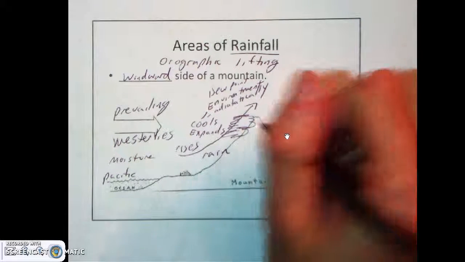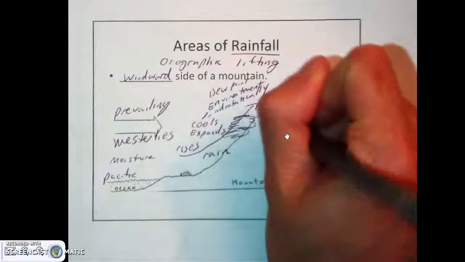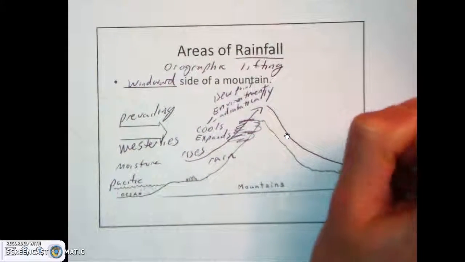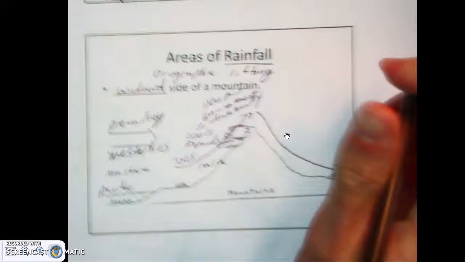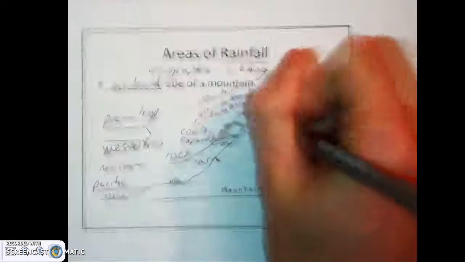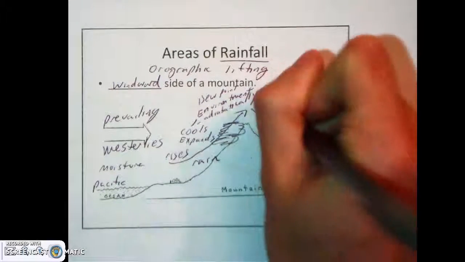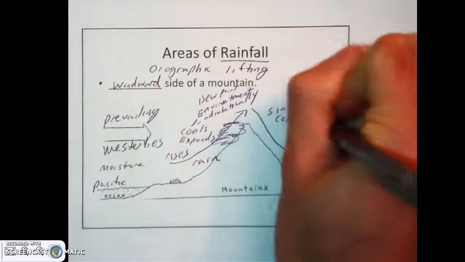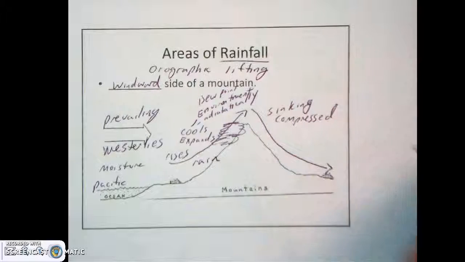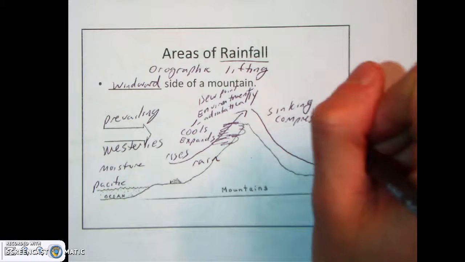Once the air crosses the top of the mountain and starts to come down the backside, we have a different situation. Now the air is sinking. Instead of expanding, it's getting compressed. Remember, when we compress a gas, it gets warmer, and warm air can hold more moisture. We're moving further away from the dew point.